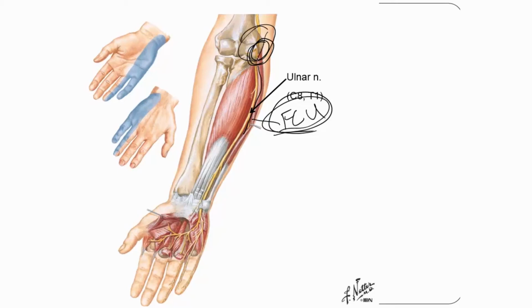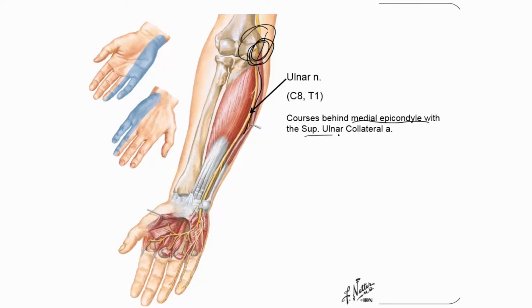We know, again, the nerve is going to be comprised of spinal segments C8 and T1 because it comes from the medial cord. Again, it courses behind that medial epicondyle with its companion superior ulnar collateral artery. At that location, behind the medial epicondyle, it is the most commonly injured nerve of the upper extremity.